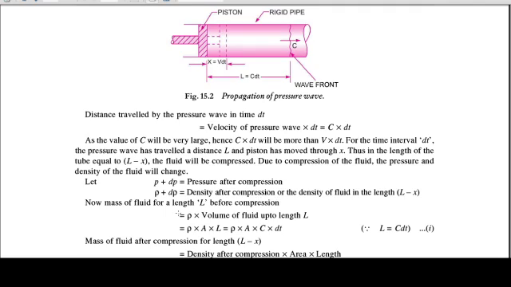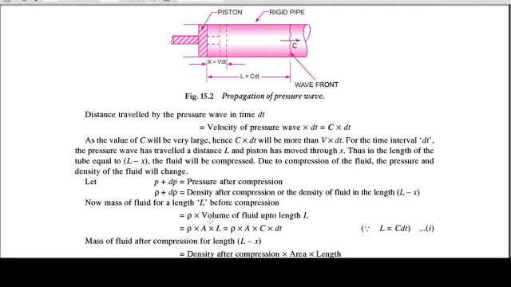Now we have to calculate the mass of the fluid for this length L before the compression. Before compression, the mass of the fluid is equal to the density of the fluid into the volume of the fluid.